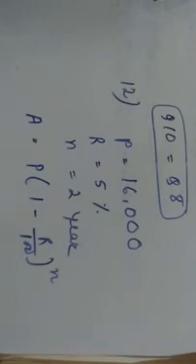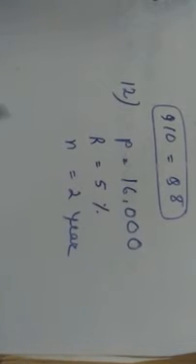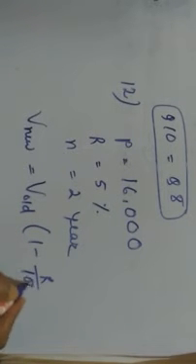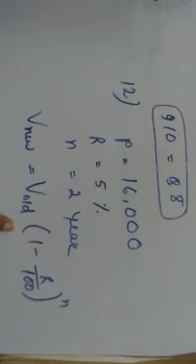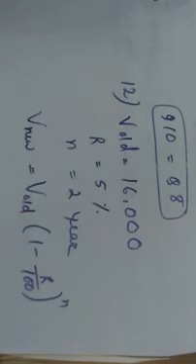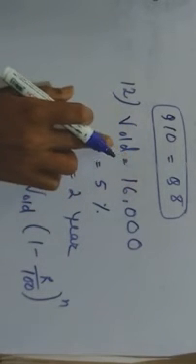Decrease: if the value of a vehicle or a machine depreciates at a rate R% per annum, then the value V after n years is given by V new equals V old times 1 minus R by 100, power n. V old means the old value. Now simply substitute the values. V old means the old price of the boat, 16,000.